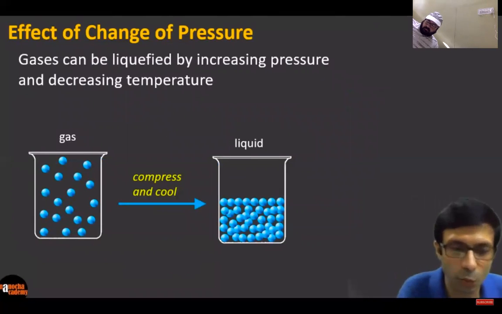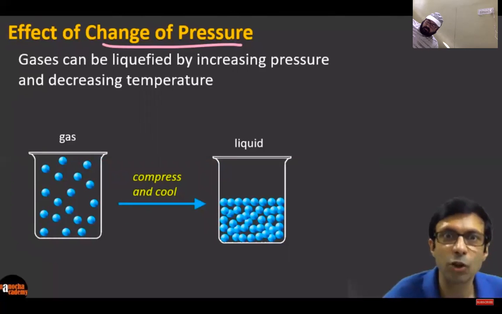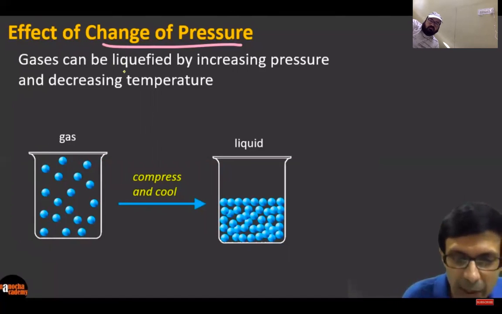So guys, can you give me an example of a substance that shows change of pressure? Can you give me an example of a gas that can be liquefied? A gas that can be liquefied by increasing the pressure and decreasing the temperature.